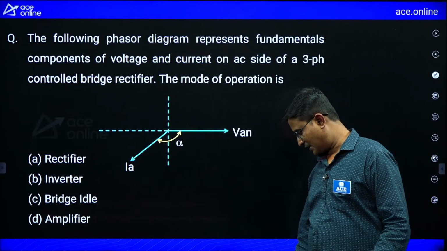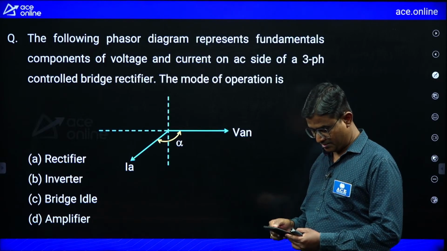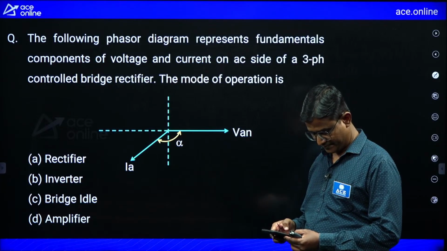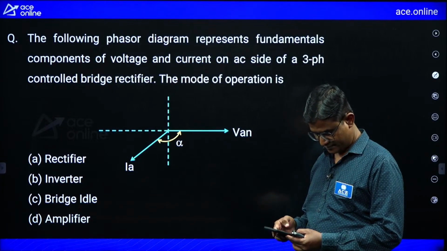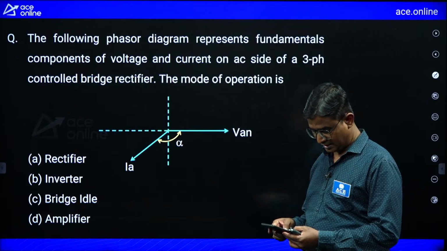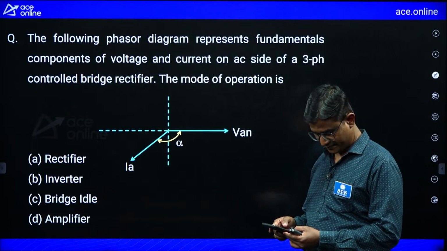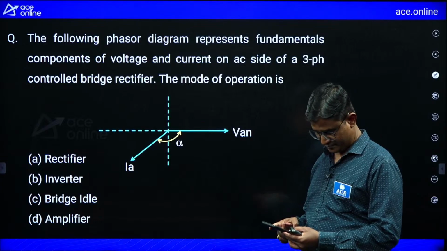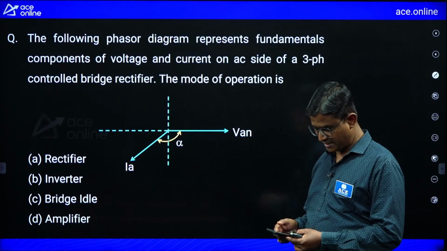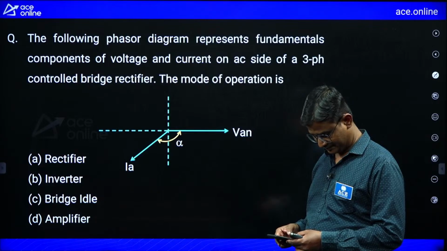Yes, you can post your answers in the chat box. Tell me what is the mode of operation. Is it rectifier mode or inverter mode? Alpha is greater than 90 degree.